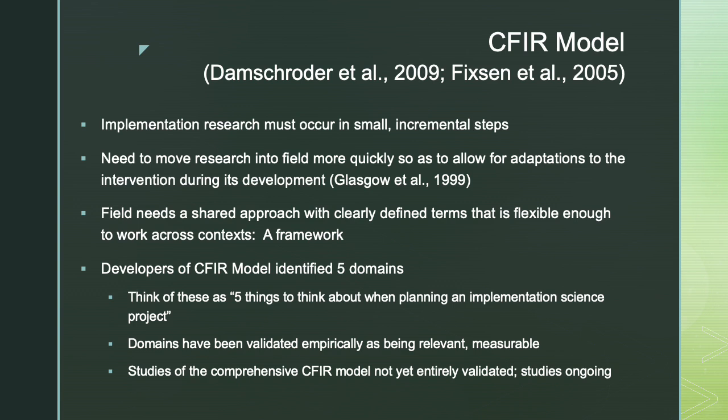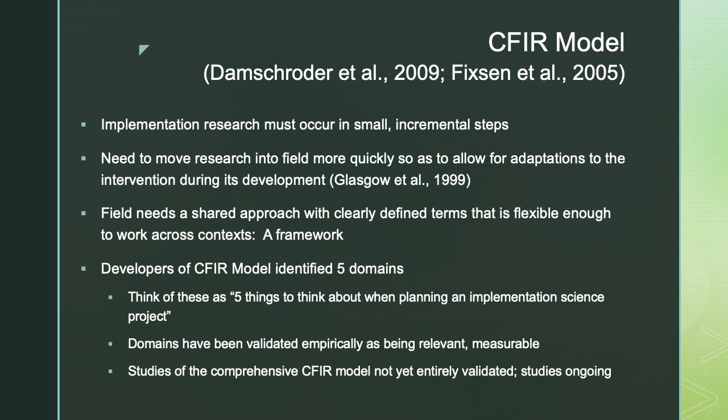In the old way of doing things, you could develop an intervention, manualize it, and then you'd go through years and years of testing it in trials in controlled settings, and then you'd move into those less controlled settings, and you might discover after 25 years of research that you got something wrong about your model, about the way you're trying to deliver it, about the implementation of your ideas.